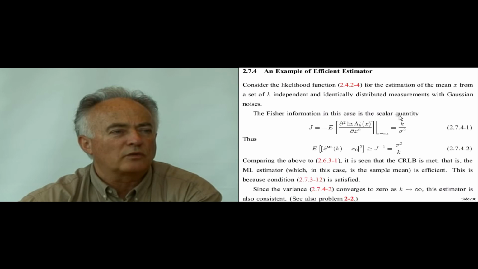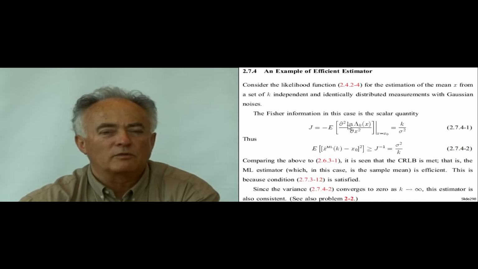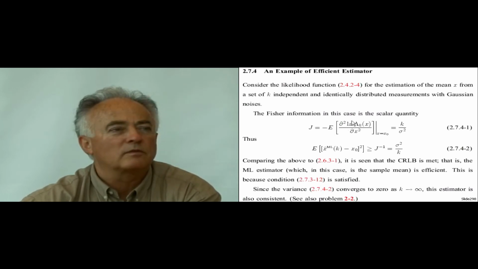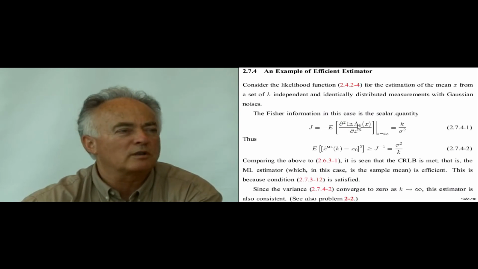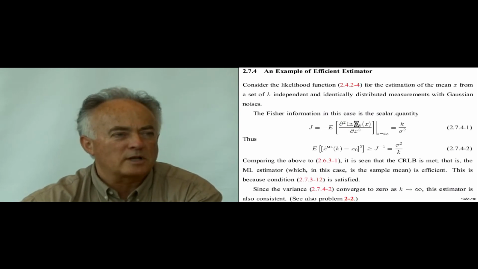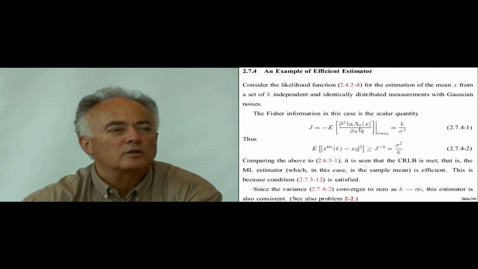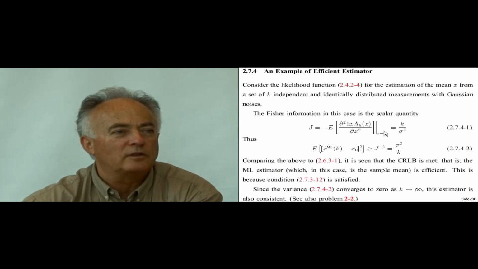The log likelihood function is just the sum of the squares between z and x, that simple linear measurement model. Take the second partial; I suggest that you go through the detailed calculations. It turns out to be, after taking the expected value, k over sigma square.